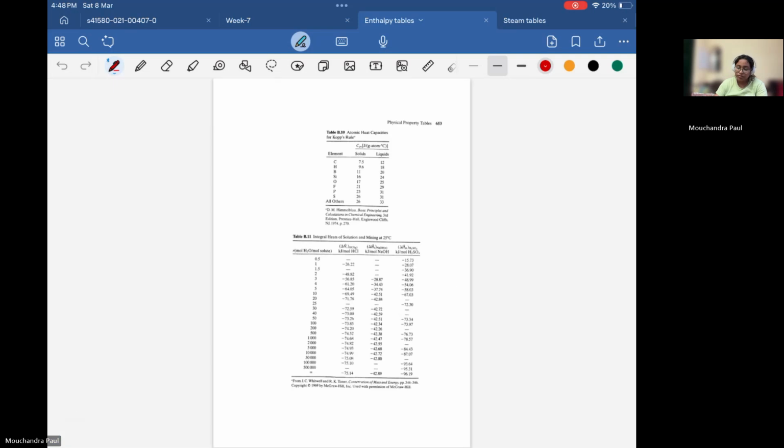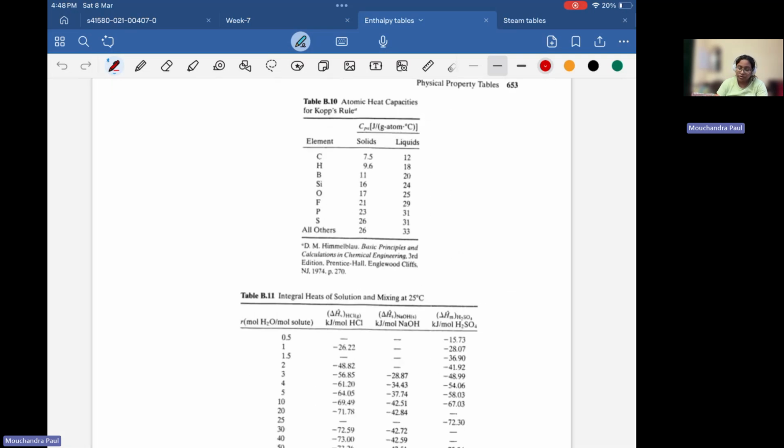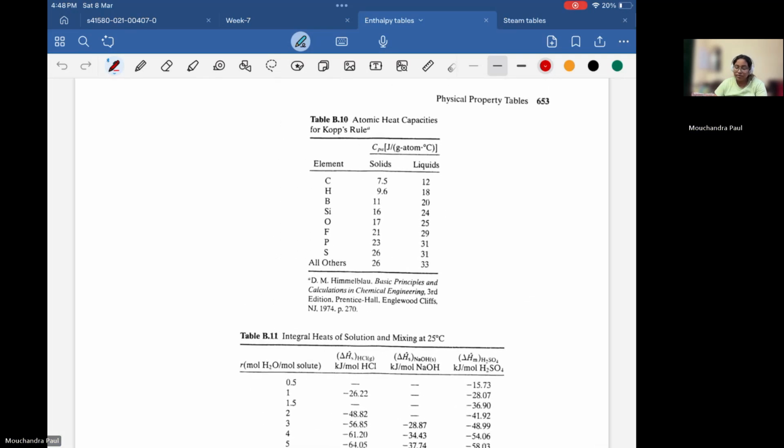So from the textbook, I have taken this particular atomic heat capacities table for Kopp's rule. Here, for every element, you are given the atomic heat capacity values for solid as well as liquid. So let's use these values here.